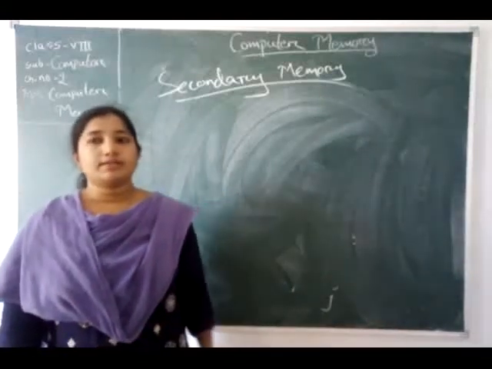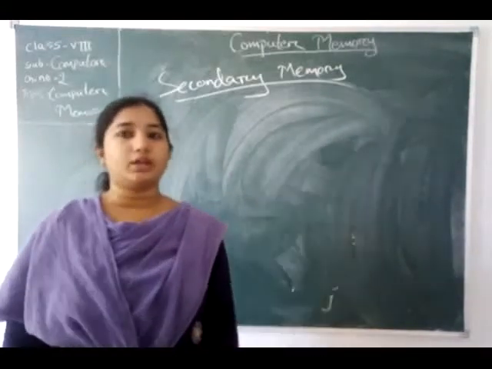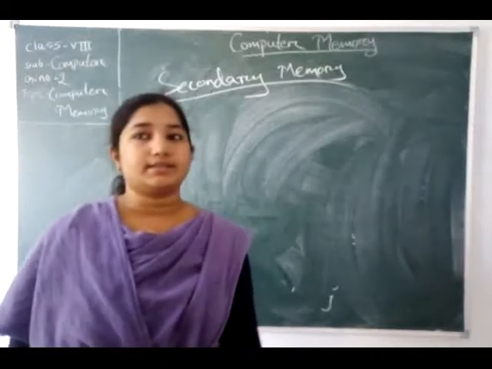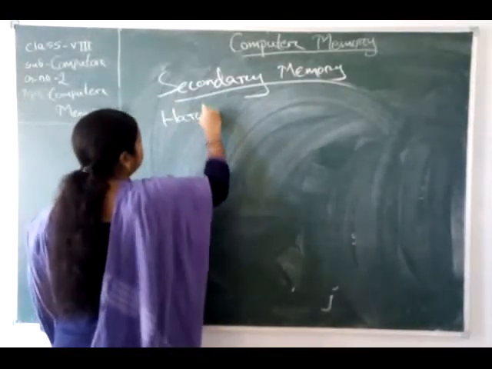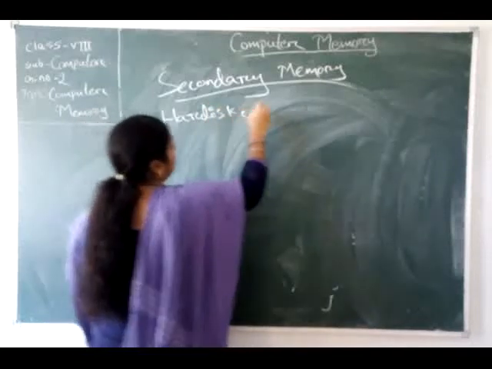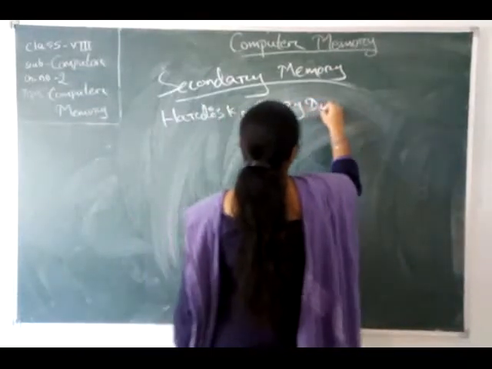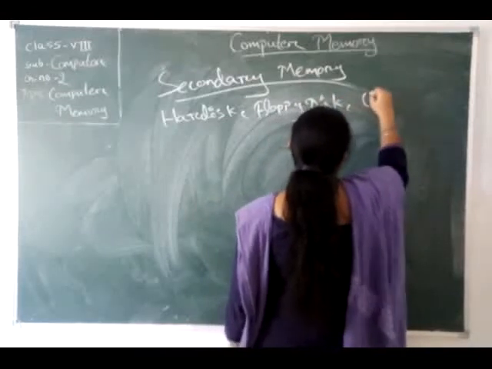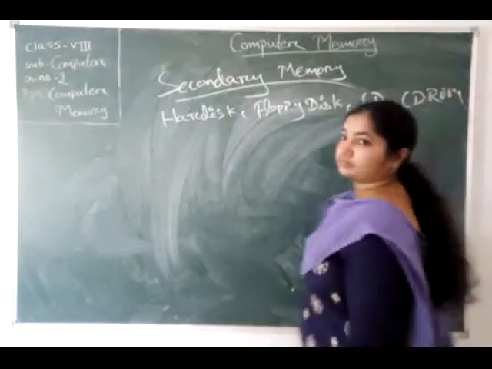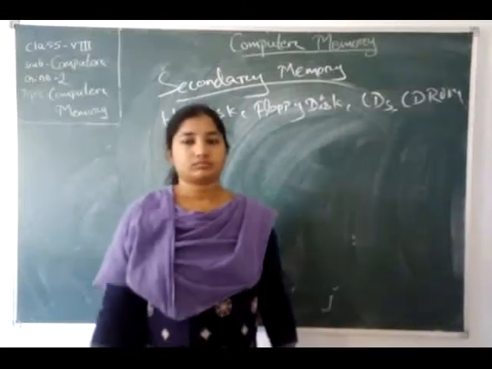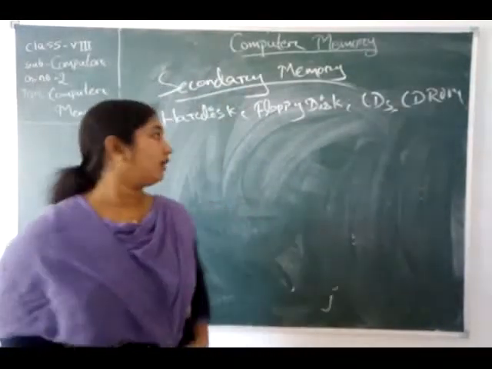Secondary memory devices include hard disk, floppy disks, CD-ROMs and CDs. Now we discuss the types of secondary memory.